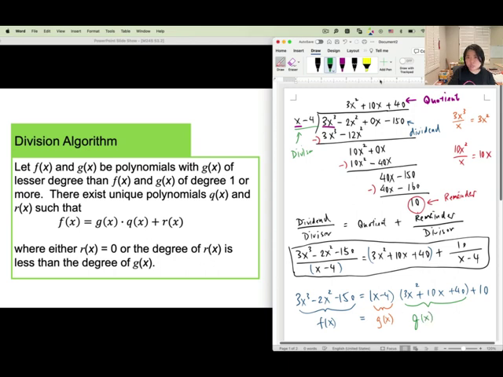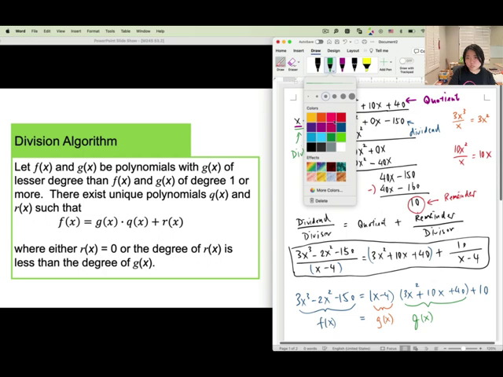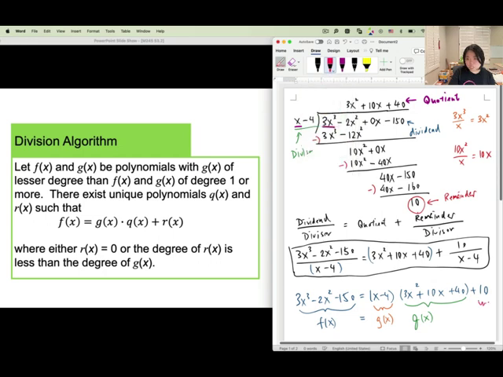And last, the 10 here will be your r(x), which is the remainder. It is exactly the same thing as these questions. They just multiply by x minus 4 for the whole equation.